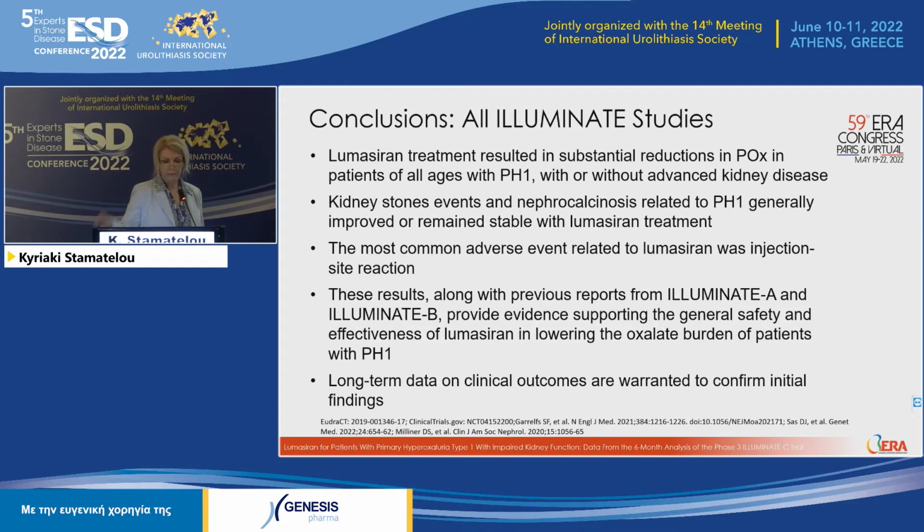In conclusion, for the drug that is out now and able to be administered and prescribed in Europe, also prescribed in the US, and also in the European Association of Urology urolithiasis guidelines, lumasiran showed that it can result in a substantial reduction, not only in plasma oxalate, but also in urinary oxalate for patients of all ages with primary hyperoxaluria type 1, with or without advanced kidney disease.